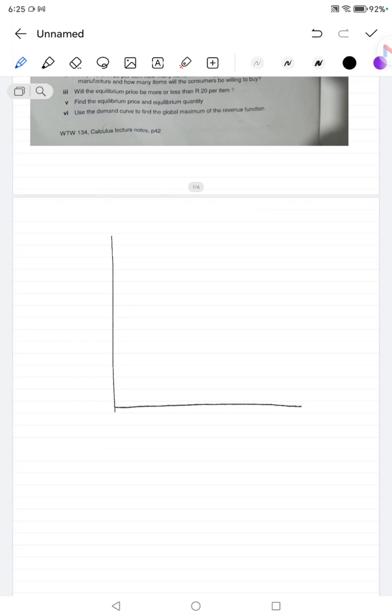Then okay, here we would have your sales revenue. So I'm just gonna draw it here. We'll just keep on referring to this one. Then this side, it's your sales revenue. Then this side, you're going to have your total cost.